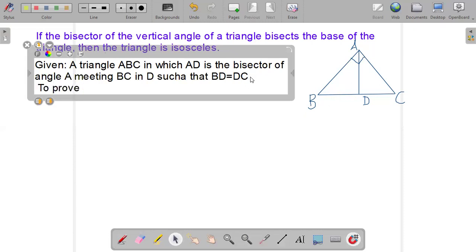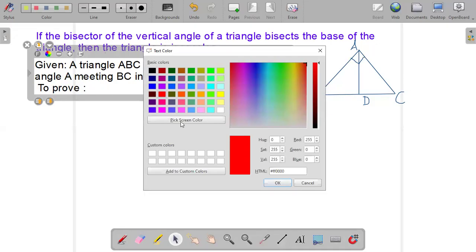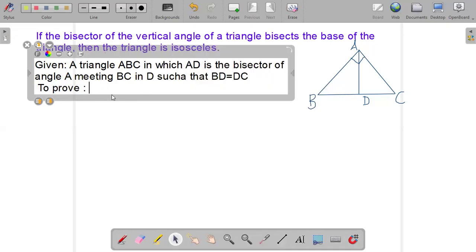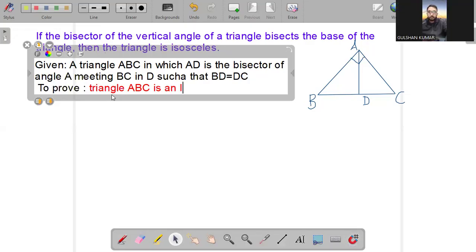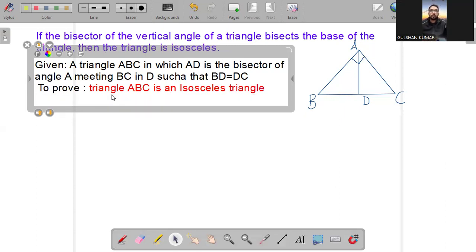We have to prove that triangle ABC is an isosceles triangle.